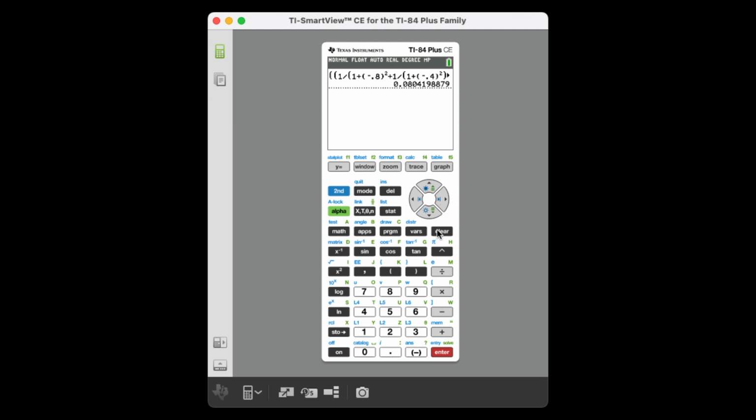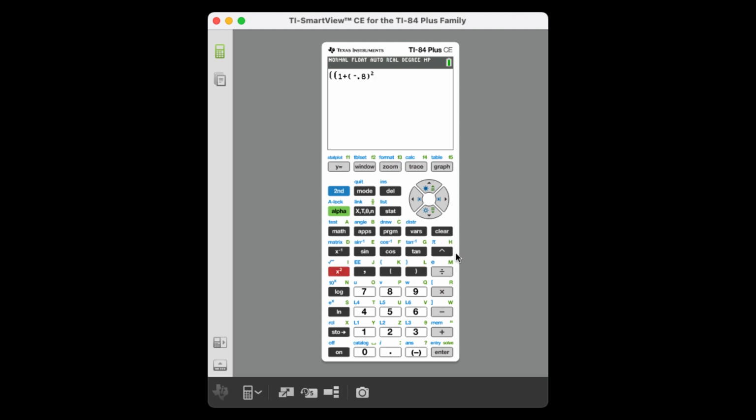Let's try that again. All right, let's try it again. Here we go. 1 plus negative 0.8. Close that and square it.